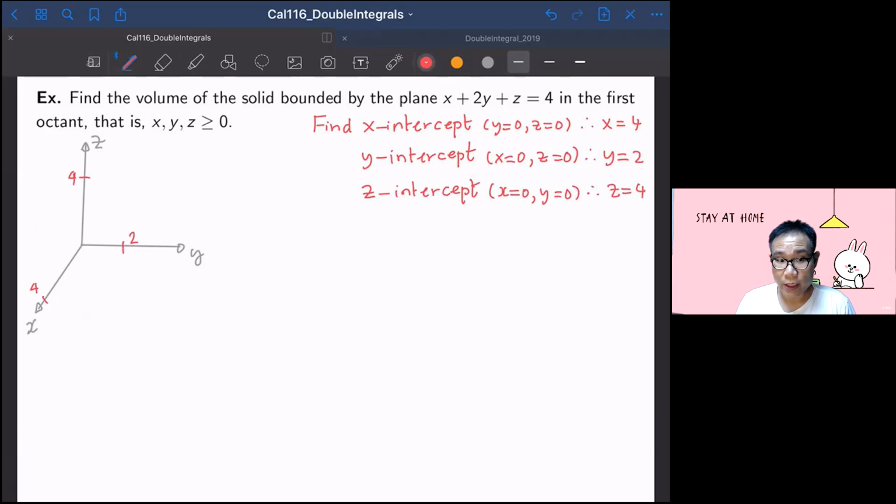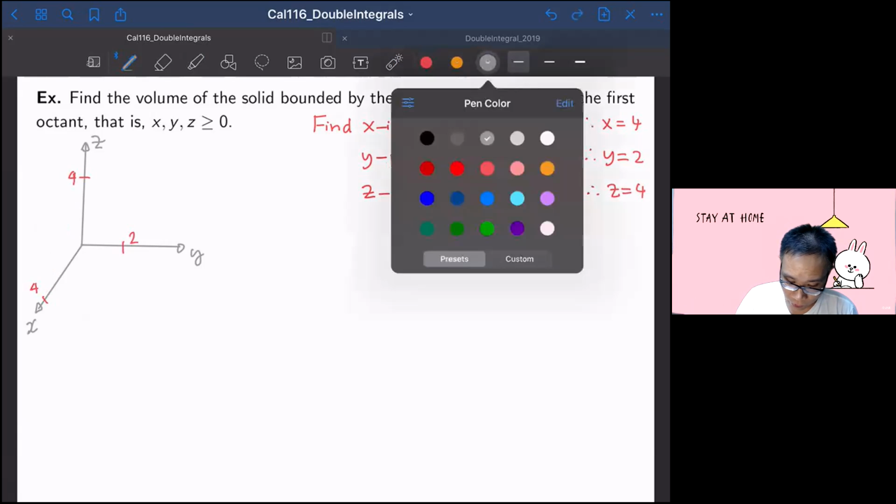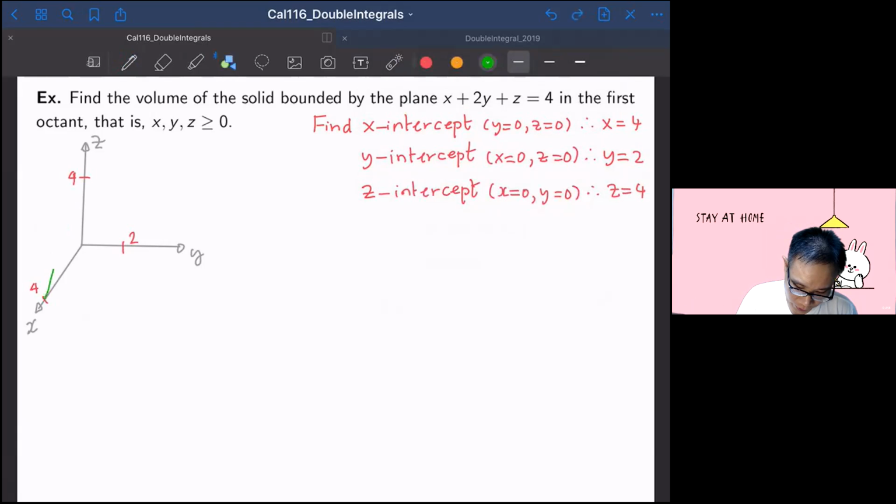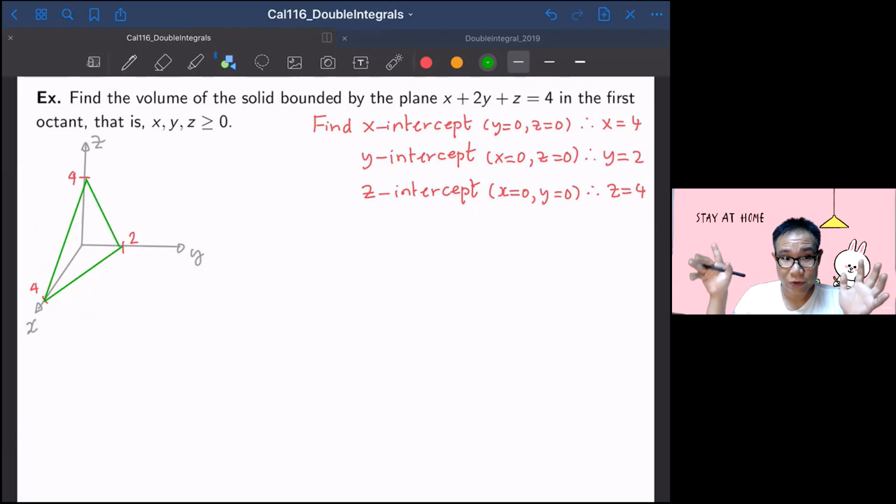Okay, so you see that the plane is going to be this one. Let me draw the picture for you. So this will be this plane. It's going to be the plane in the first octant. If you look at the corner of your room and you just use a piece of paper like this, you put the piece of paper into the corner of your room.